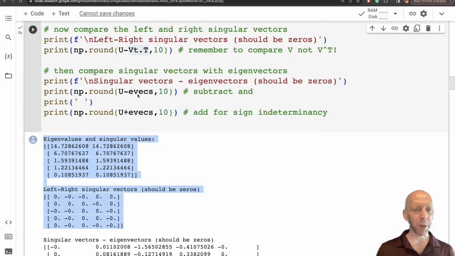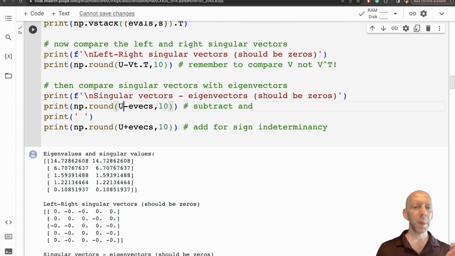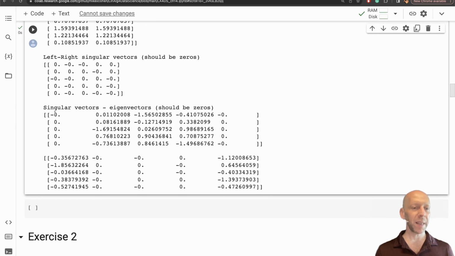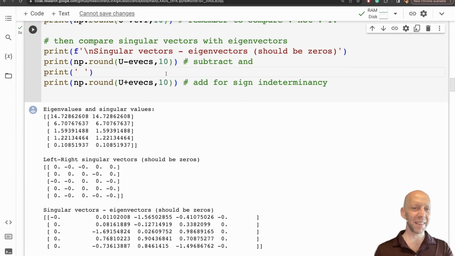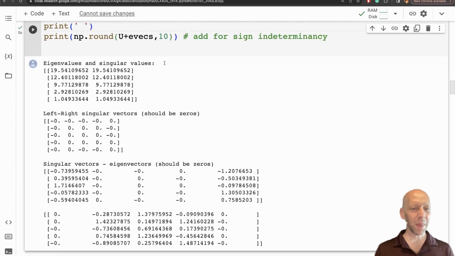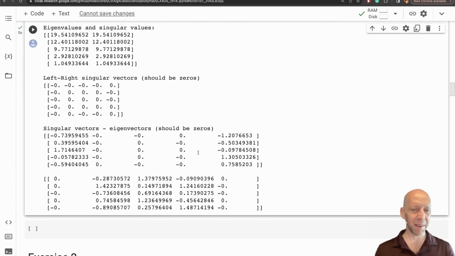So therefore, to compare the left singular vectors with the eigenvectors, I actually run this twice. So I say U minus the eigenvectors and U plus the eigenvectors. And what we should find is that basically all of these are zero at least once. So run this again, we're going to find different columns that end up being zeros.